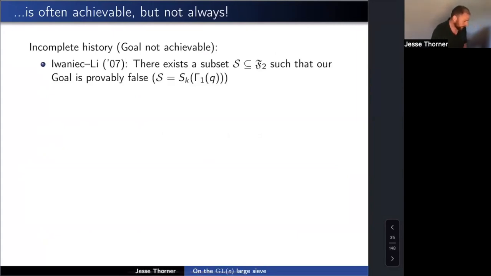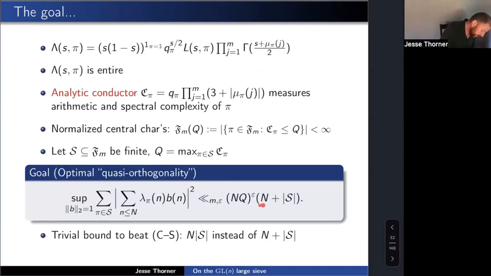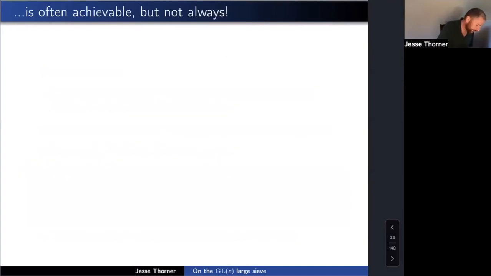So first, there's the work of Iwaniec and Lee, which tells us that if we look at the family of π on GL2 that are associated to the newforms on Gamma_1(q) of weight k, we can think of k as being fixed and q as being large, then in addition to the N plus size of S here, there would be another sizable term that's genuinely present.